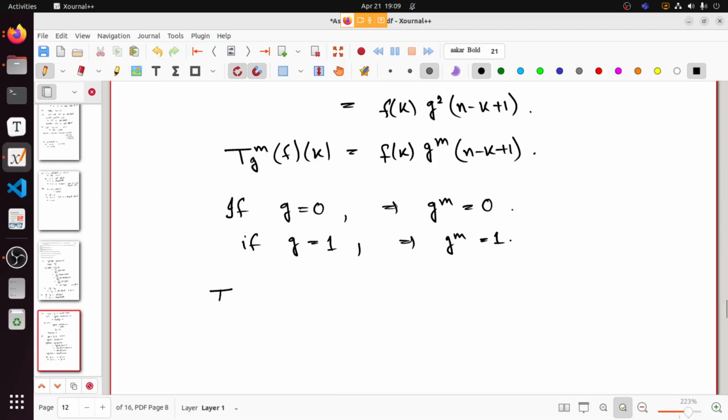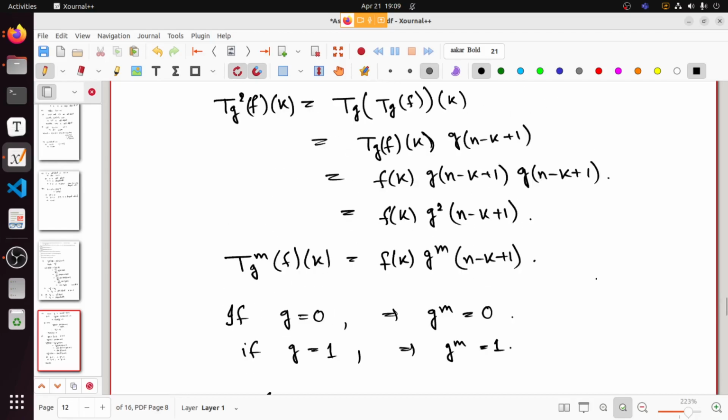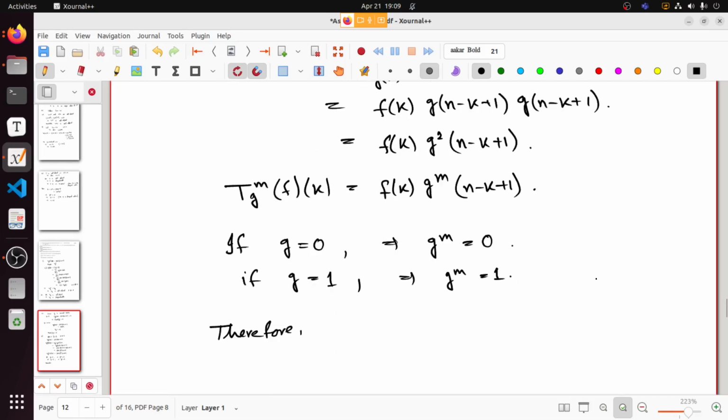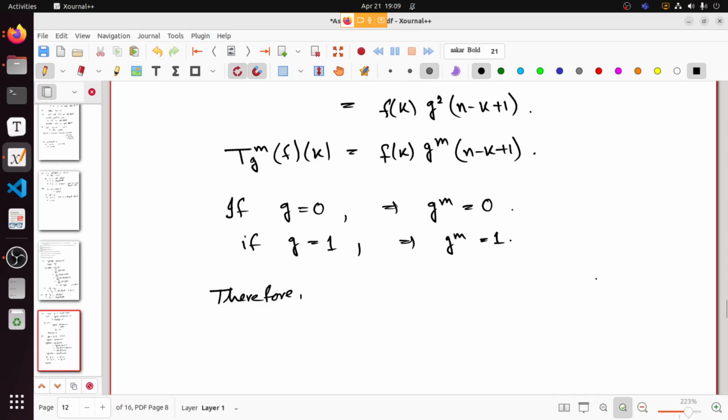So therefore if g is 0, then that component is 0, same as at that point for f_k, and if g to the power m is 1, then g is also 1, right? And g to the power m f_k is also 1.